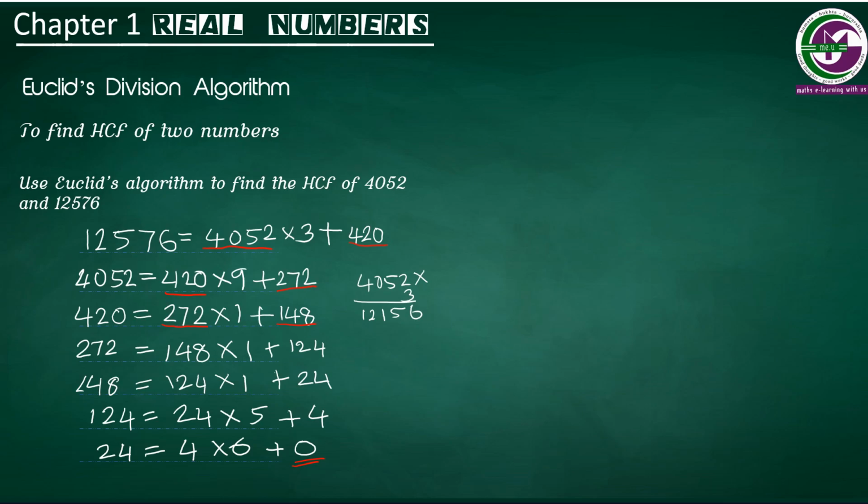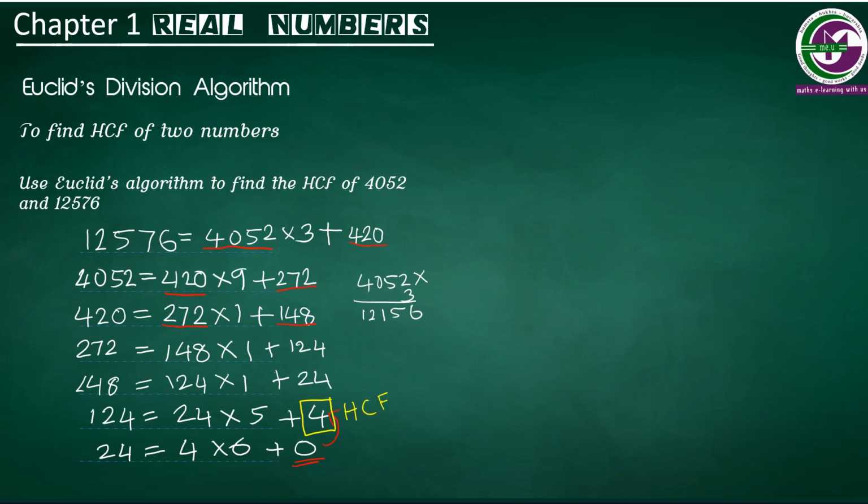The procedure is stopped. So when do we stop the procedure? Once you get the remainder 0. Once you get the remainder 0, the previous remainder, that is 4, is the HCF of these two numbers. Is it clear?